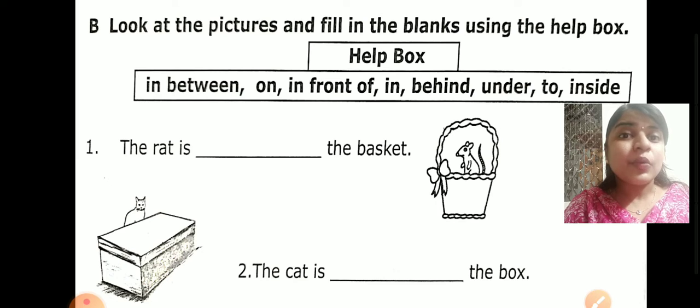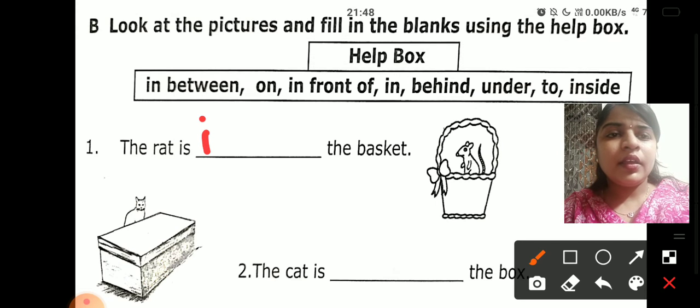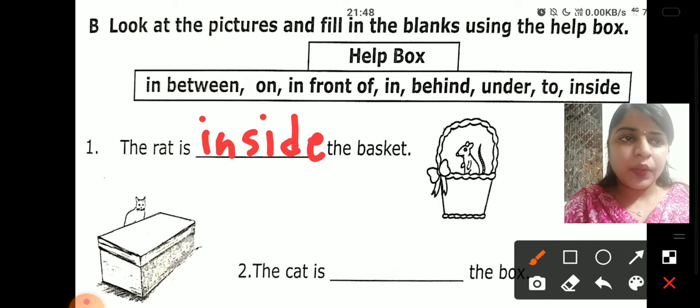What is answer? You're going to write inside. So write it down with me. I-N-S-I-D-E. Inside. Okay, children? Done? Next one.